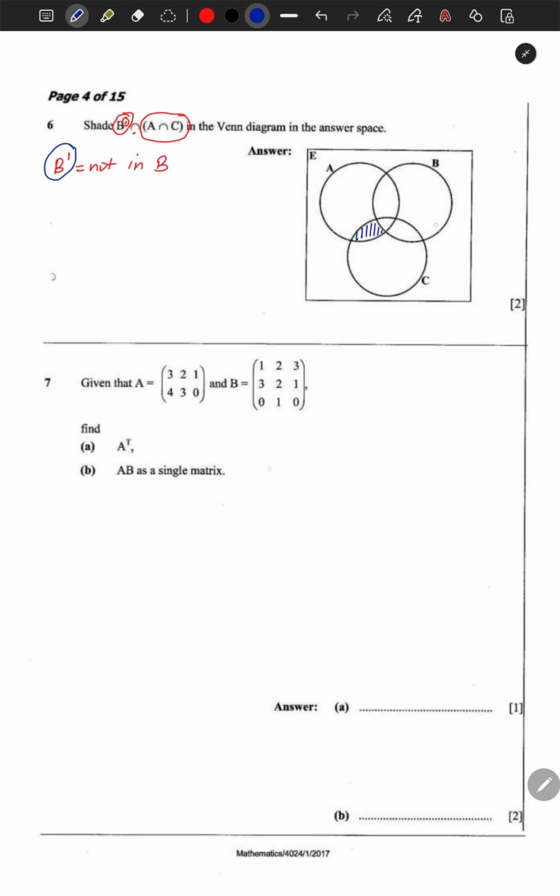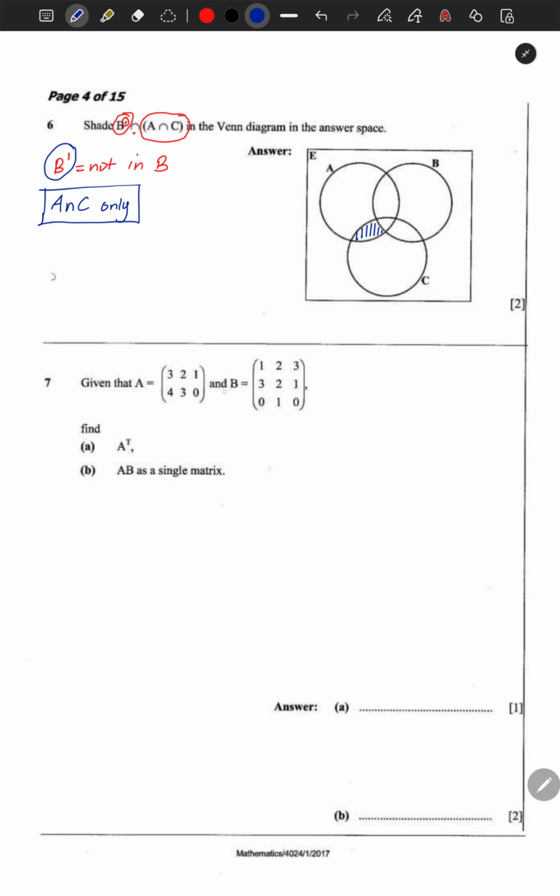So remove that intersection part, because it is part of B, and we don't want it. We only want things to do with A and C. In other words, this is just A intersection C only. Next is this one here.